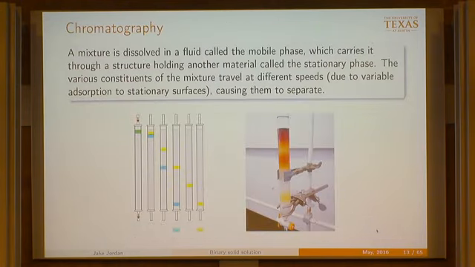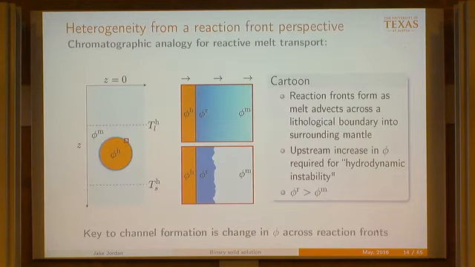Melt from inside the heterogeneity is coming down here and then interacting with the surrounding mantle, which would be the rest of the column. These reaction fronts or reacted zones will form as this melt seeps out of this lithological boundary and into the surrounding mantle.